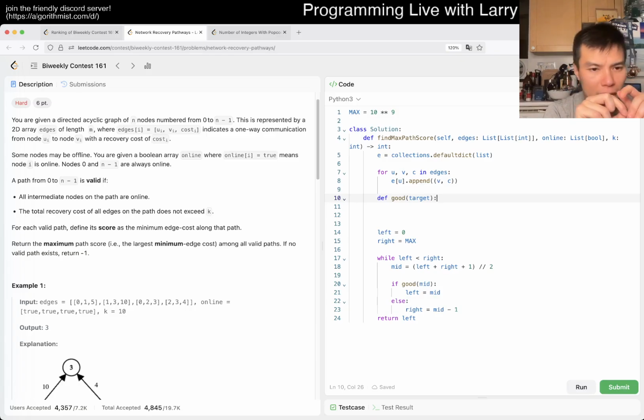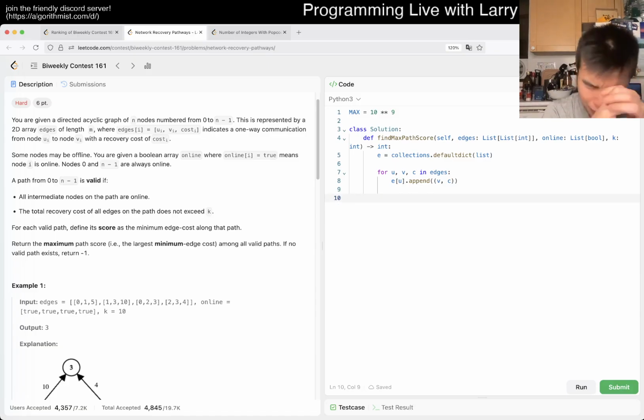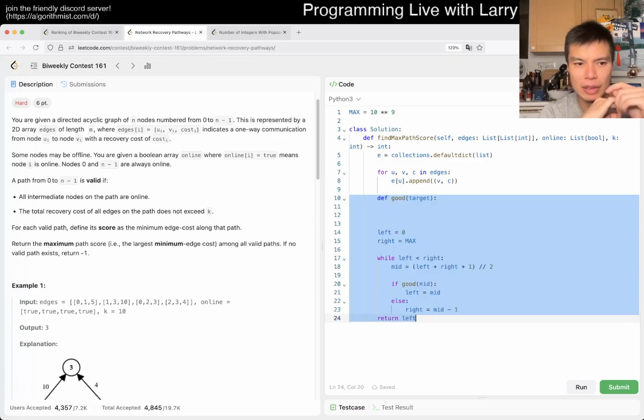Because the minimum doesn't change. Oh wait, this is the largest minimum. So wait, that's not quite right. The largest minimum. What does the largest minimum mean? Largest minimum means, is there a path?